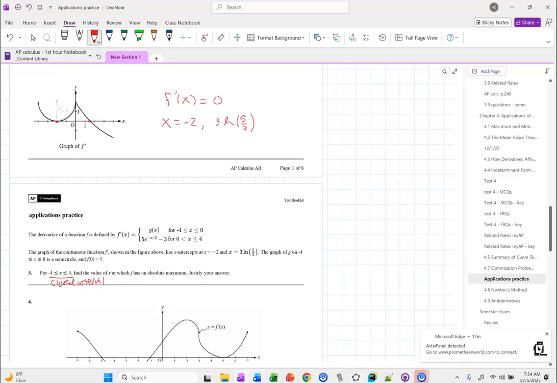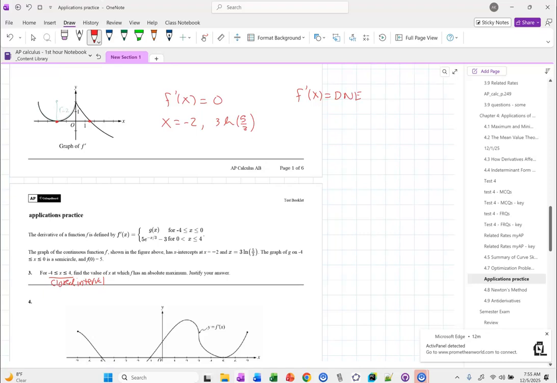All right. What else do I also need to check? Yeah, I have to look where the derivative does not exist, right? There's the graph of my derivative. Well, the derivative of f prime, f double prime, would not exist at 0 because it's a corner.